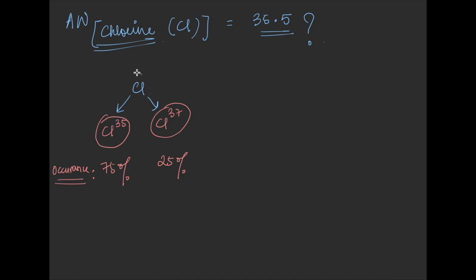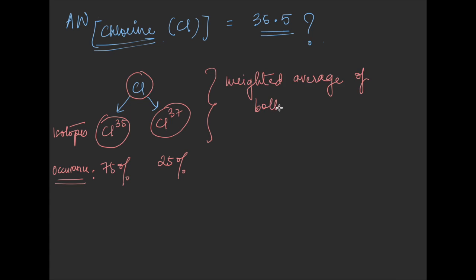Chlorine has two isotopes: Cl35's presence is 75% in nature and Cl37's occurrence is 25%. So when we find the atomic weight of chlorine, we find the weighted average of both the isotopes of chlorine.